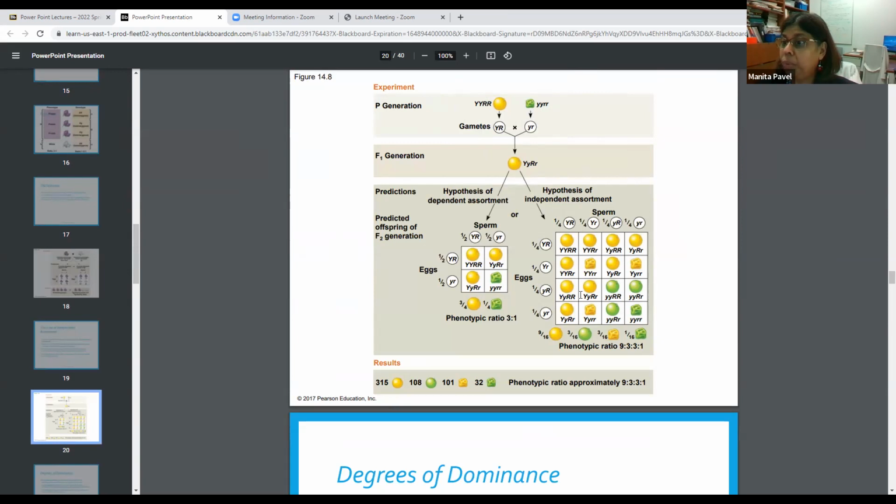So the ratio in a dihybrid cross is 9:3:3:1. So slide 20 is explaining the dihybrid cross, which I will be explaining to you later. I will also work out for you in the class a dihybrid cross in the lab, as well as try to work out monohybrid crosses in the lab when we do Mendelian genetics.